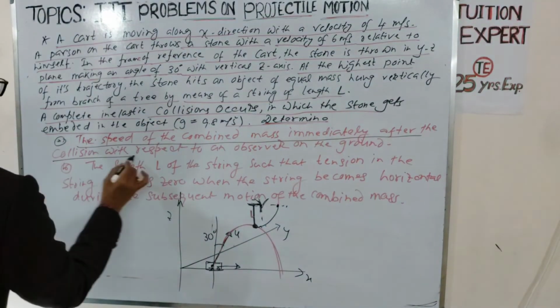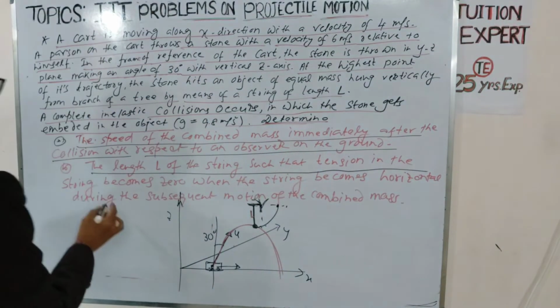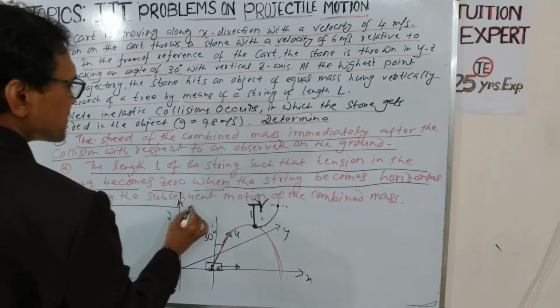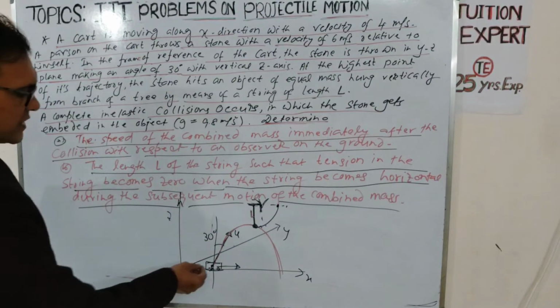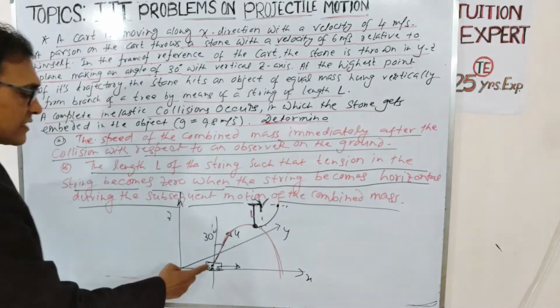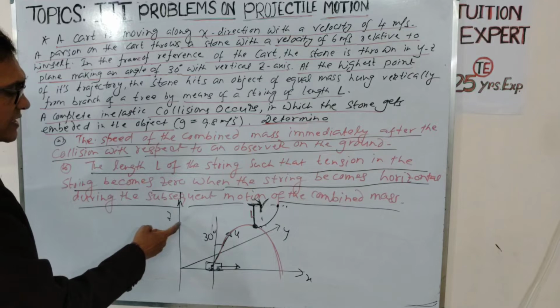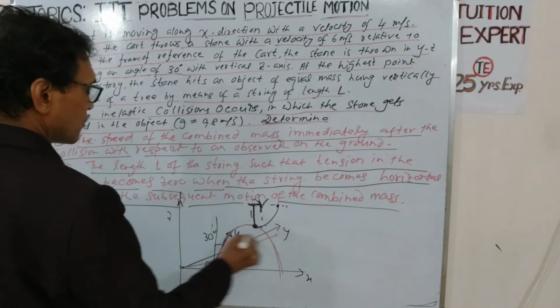Immediately after the collision, with respect to an observer on the ground, find the length L of the string such that the tension in the string becomes zero when the string becomes horizontal, leaving the subsequent motion of the combined mass. That is, this car is moving in this direction, and a person within the car throws a particle in the yz plane.